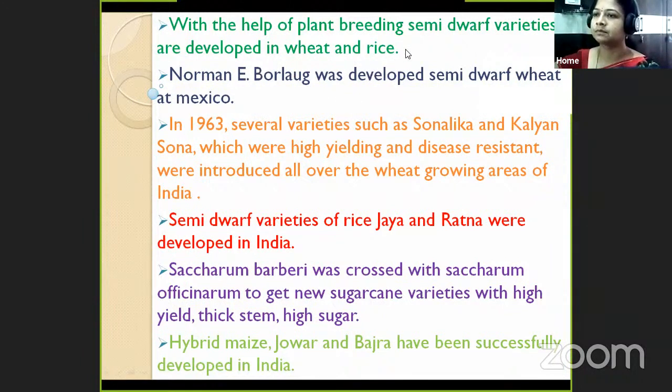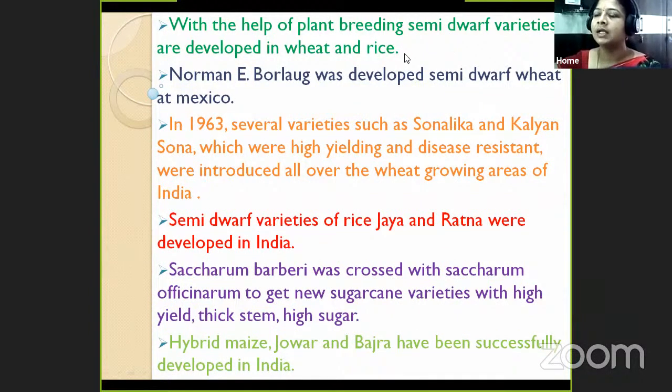Okay. Semi-dwarf varieties are developed with the help of plant breeding. Semi-dwarf genes are present in wild varieties. All the desirable genes, in most cases, are present in the wild varieties. So dwarf genes are isolated from the wild varieties and transferred into the cultivated variety.